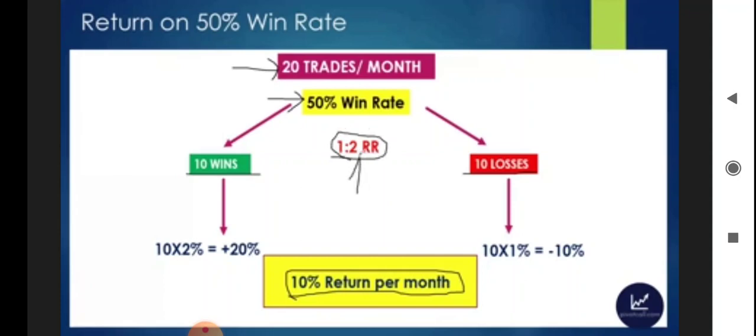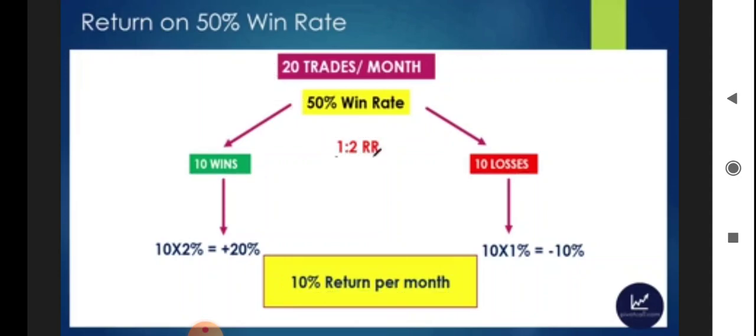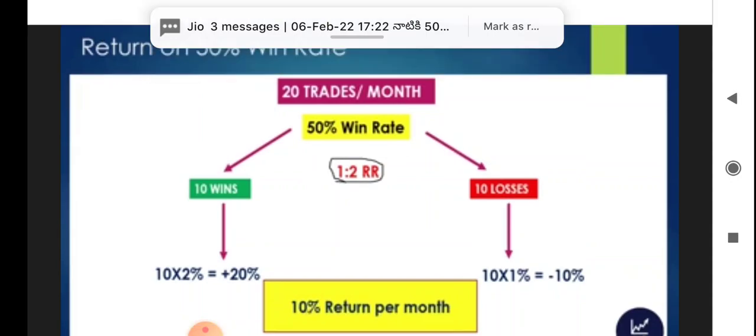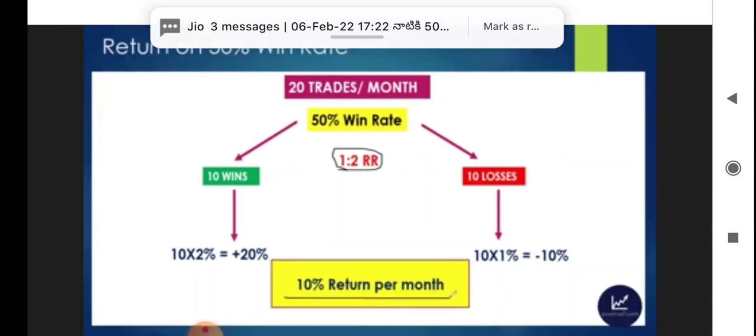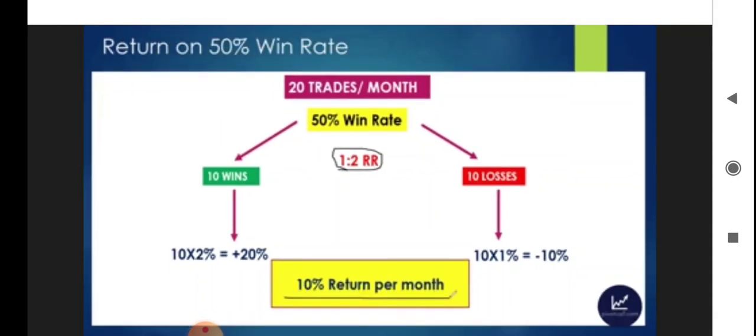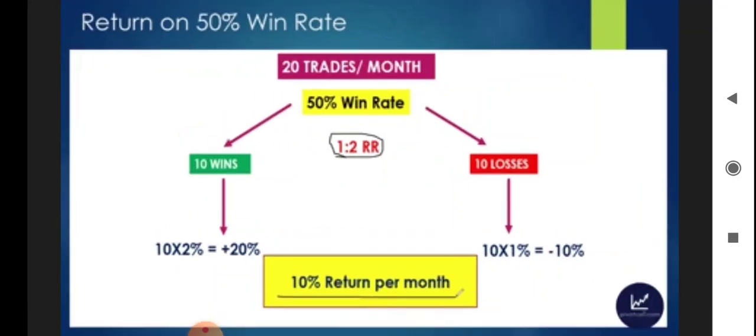That is what I have been saying from the beginning of this session, that a 50% win rate also can make you a profitable trader. You don't need an 80, 90, 99% win rate, provided you follow 1:2 risk reward. You can generate 10% return per month with a 50% win rate and only taking 20 trades per month.